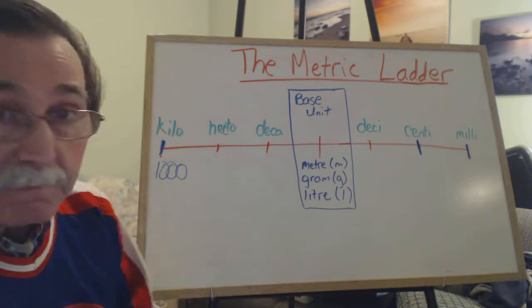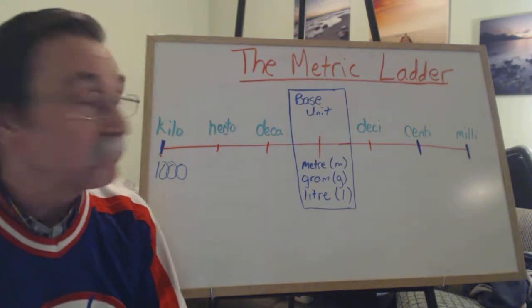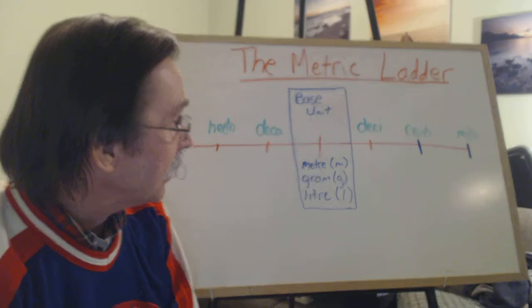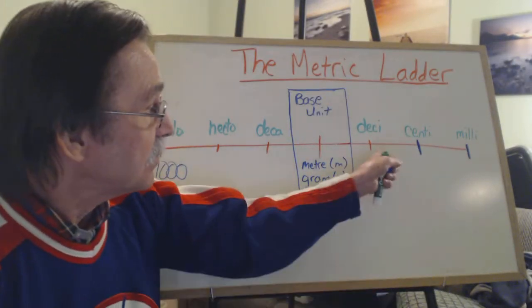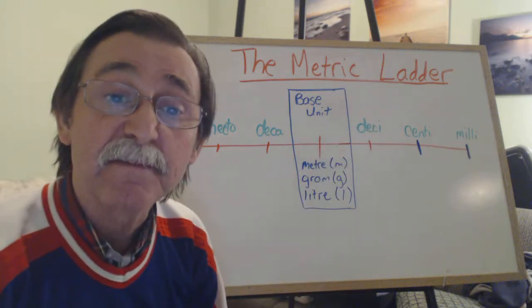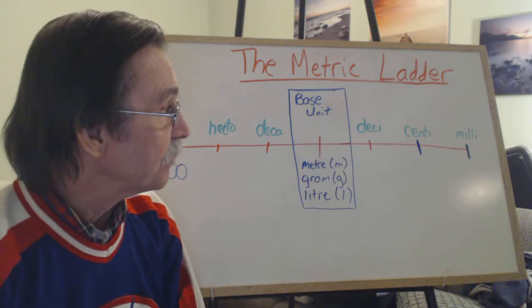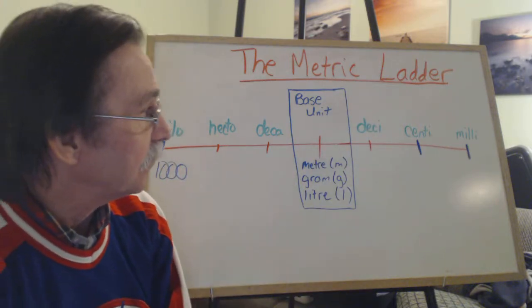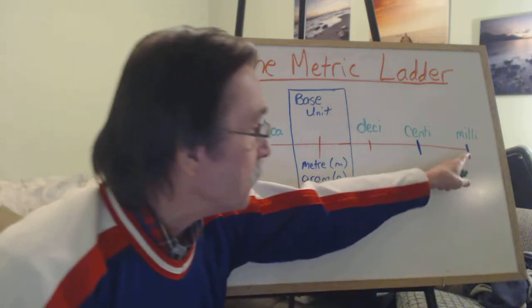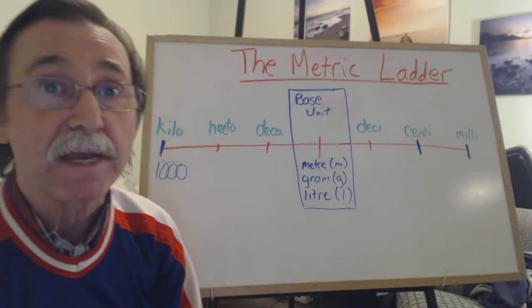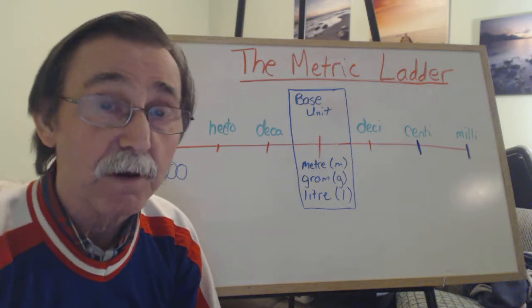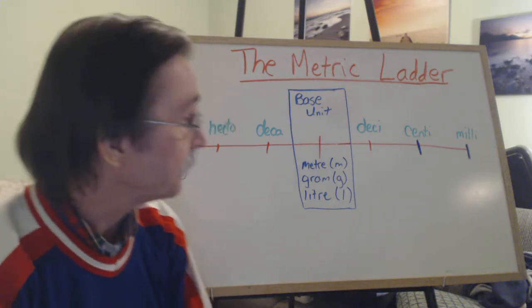I know a friend of mine, he's from Europe, and he uses deca a lot. He uses deci a lot. So it depends on where you're from, but in Winnipeg, Canada, milli, centi, and kilo are probably the three main prefixes that we use, but we're going to learn a whole bunch of them.